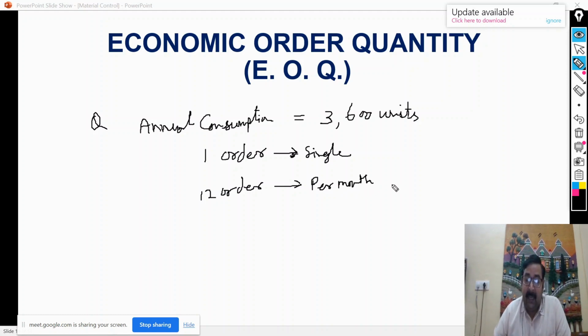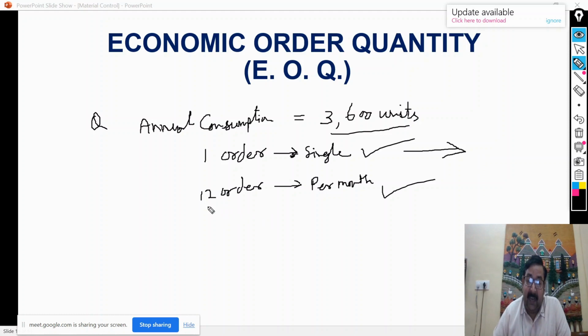There are certain merits and demerits in both situations. First, if I place a single order for 3600 units, what is the result? My ordering cost is lower because I place only one order, but a huge quantity of goods comes after the ordering and my storage and carrying cost will increase.